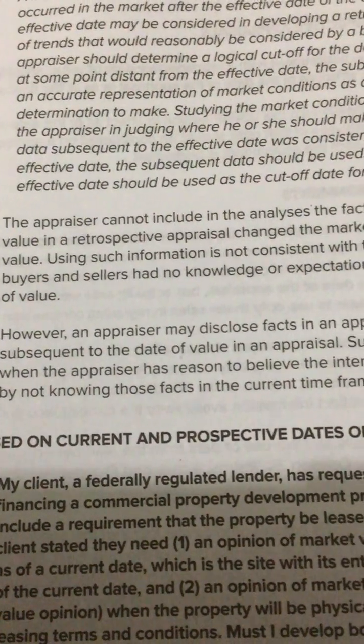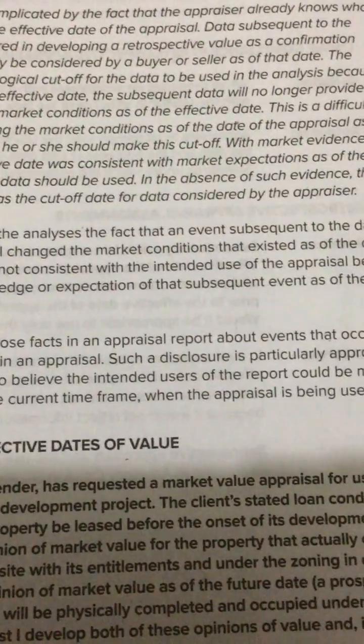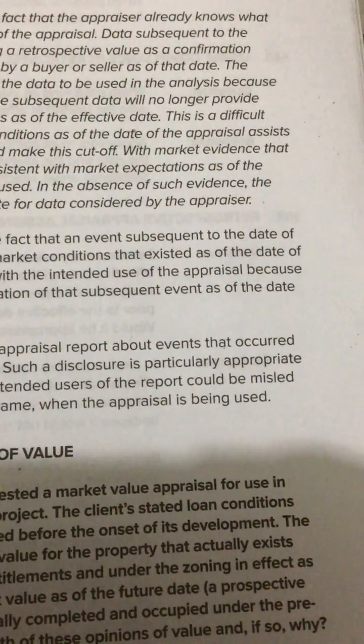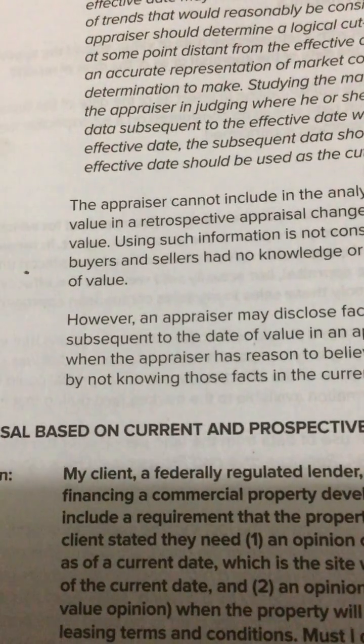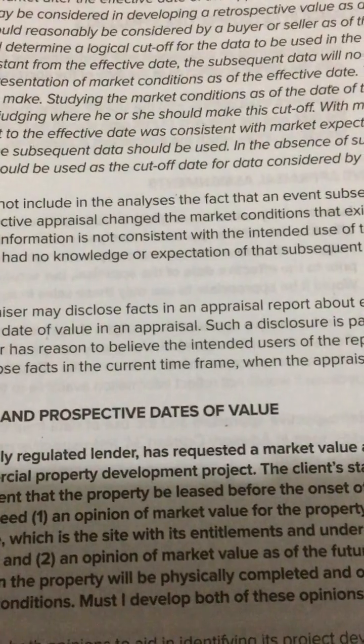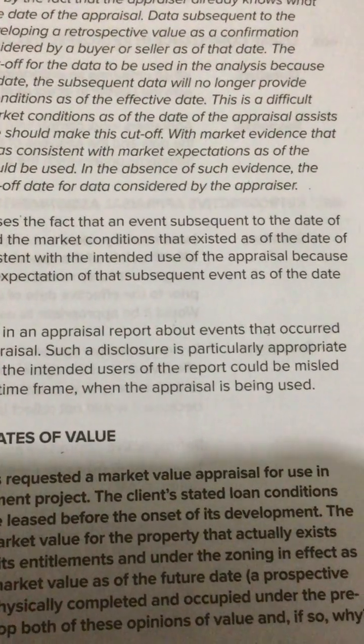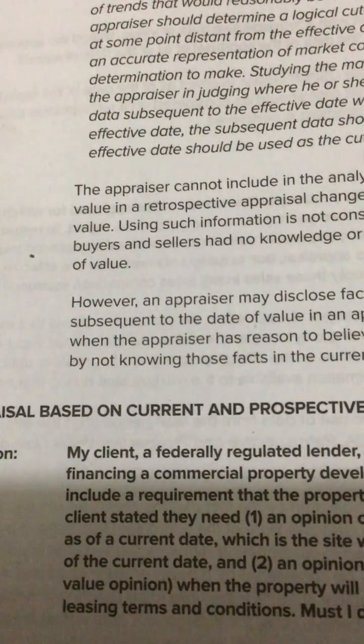Using such information is not consistent with the intended use of the appraisal because buyers and sellers had no knowledge or expectation of that subsequent event as of the date of value.